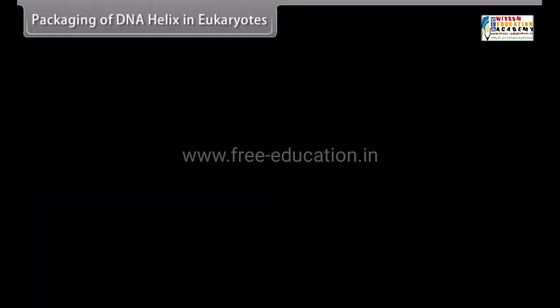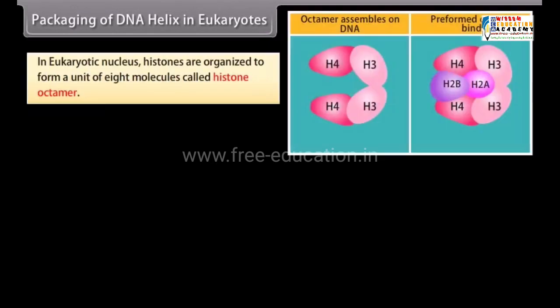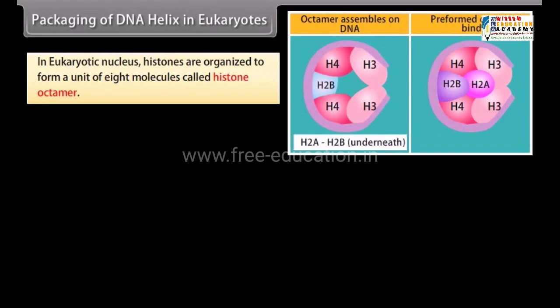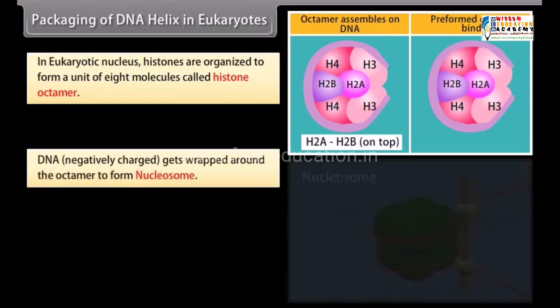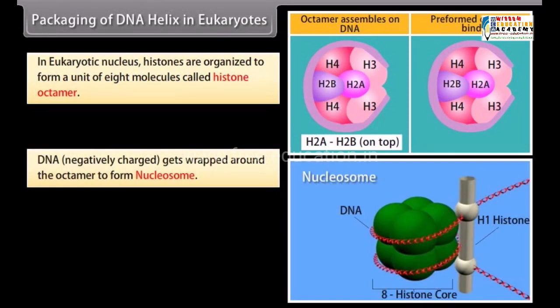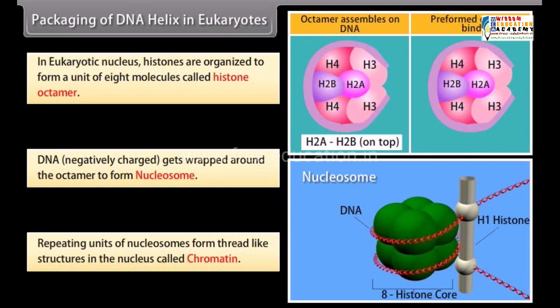Packaging of DNA helix in eukaryotes. In the eukaryotic nucleus, histones are organized to form a unit of 8 molecules called a histone octamer. Negatively charged DNA gets wrapped around the octamer to form a nucleosome. Repeating units of nucleosomes form thread-like structures in the nucleus called chromatin.